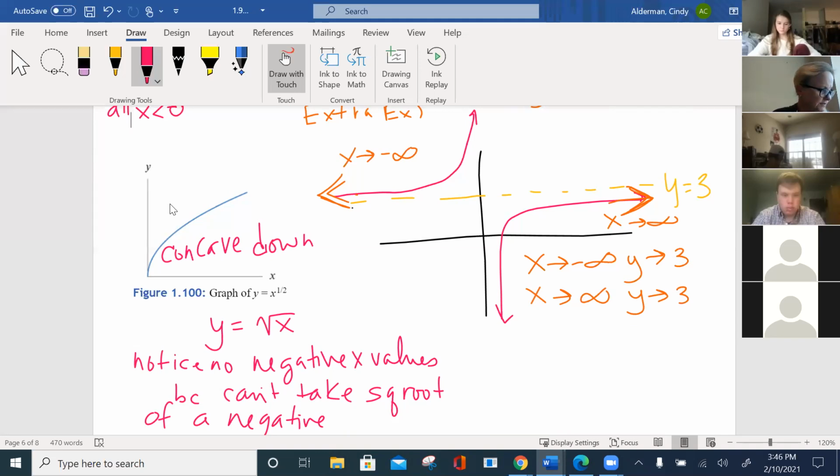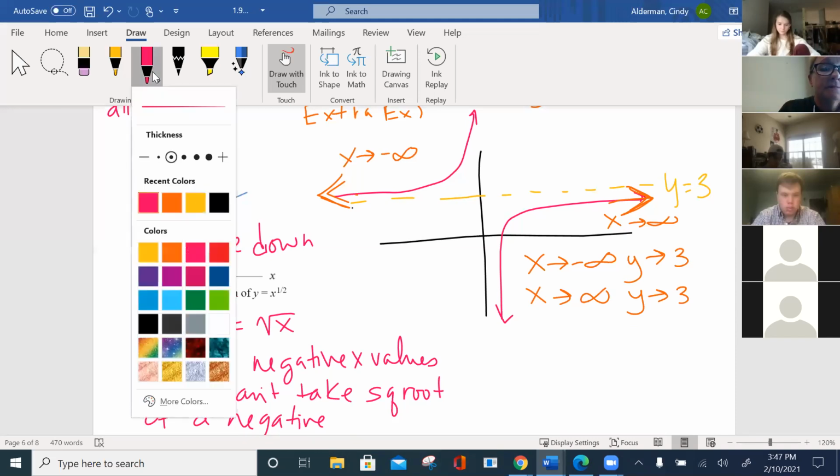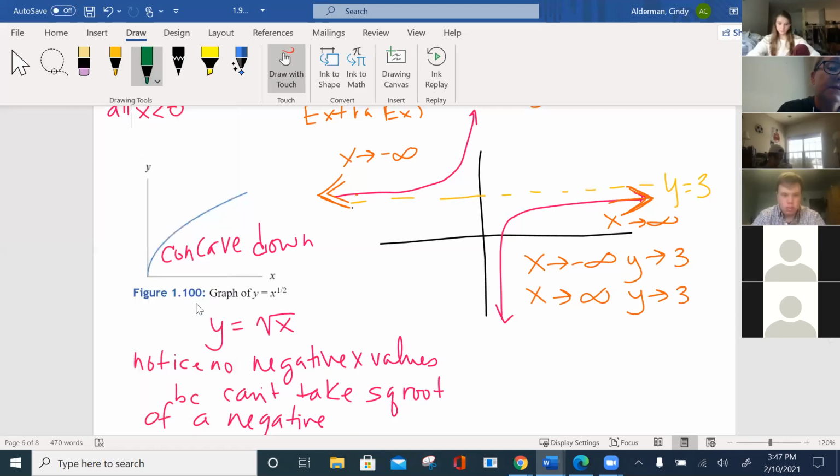What else did I want to tell you? Over what interval is that graph increasing? I asked you, what interval is this graph increasing? From what to what? We know it's increasing.